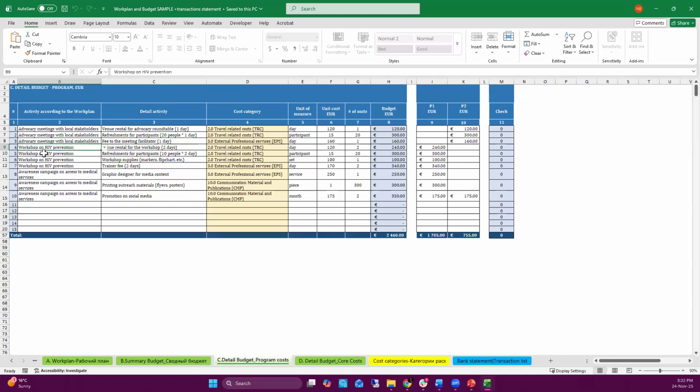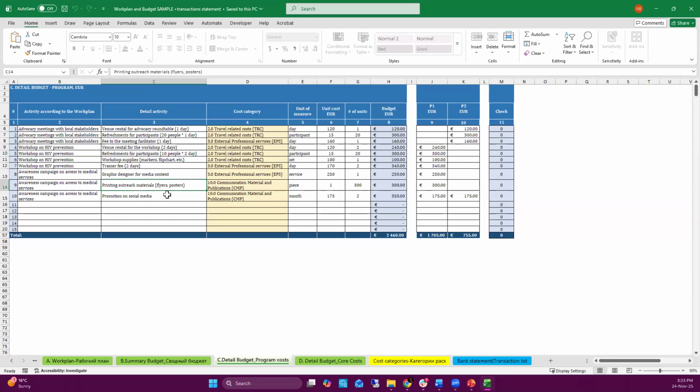Let's say that we have also planned in our project a workshop on HIV prevention, and we are also providing this workshop and a small kind of training. And let's say that we planned some awareness campaign on access to medical services, for which we budgeted to prepare some media materials, for which we of course need the services of a graphic designer.